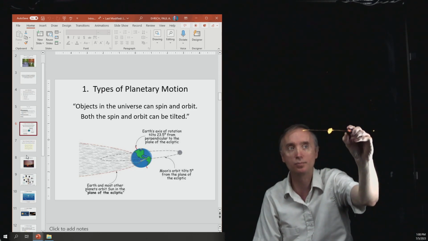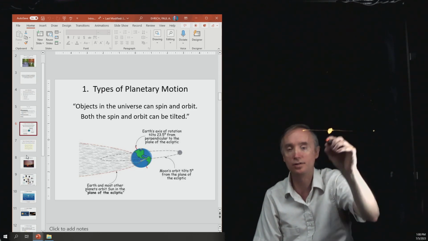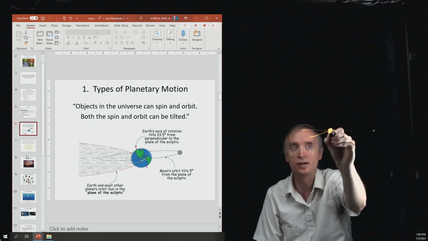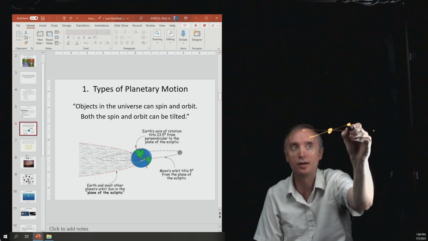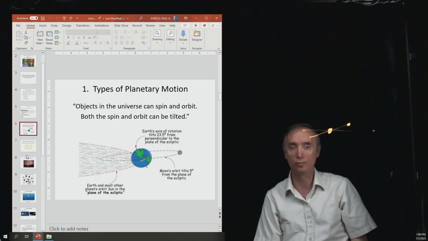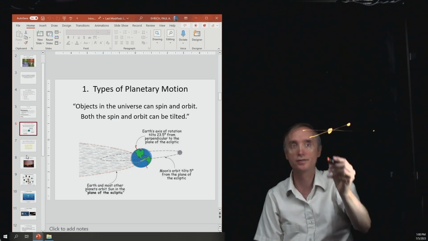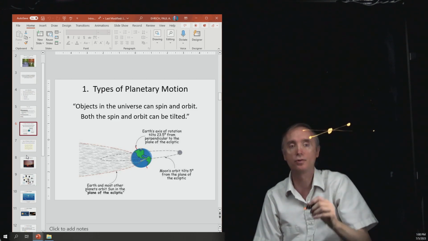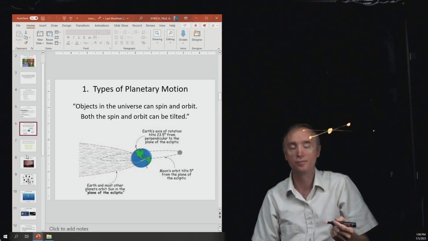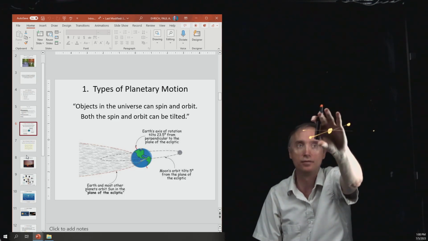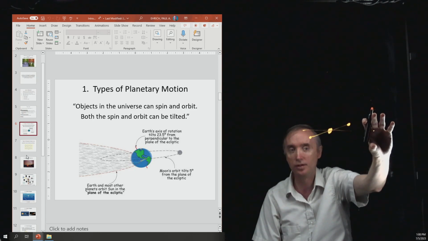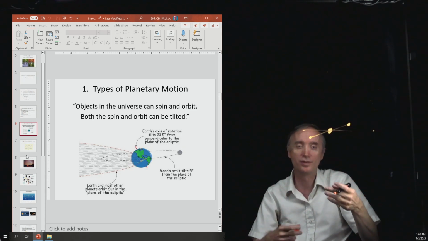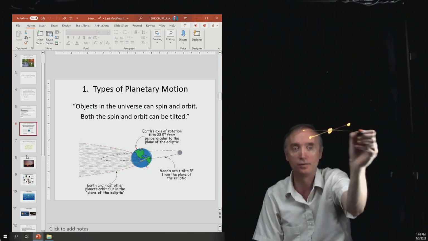And then the various planets are tilted in their orbits with respect to it. So for example, Earth sometimes might be higher in its orbit around the sun, and sometimes it's lower. Now, it's not very much, so it's only about 5 degrees. As a matter of fact, for all of the planets in our solar system, they're all tilted at different angles, but all within about 5 degrees of the plane of the solar system.